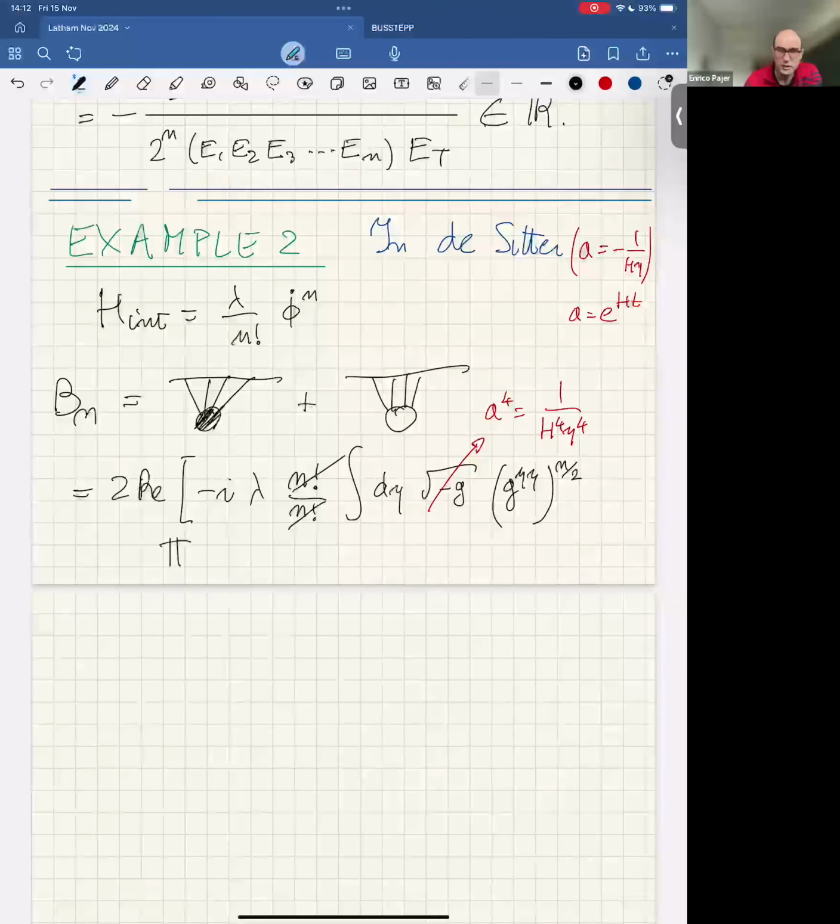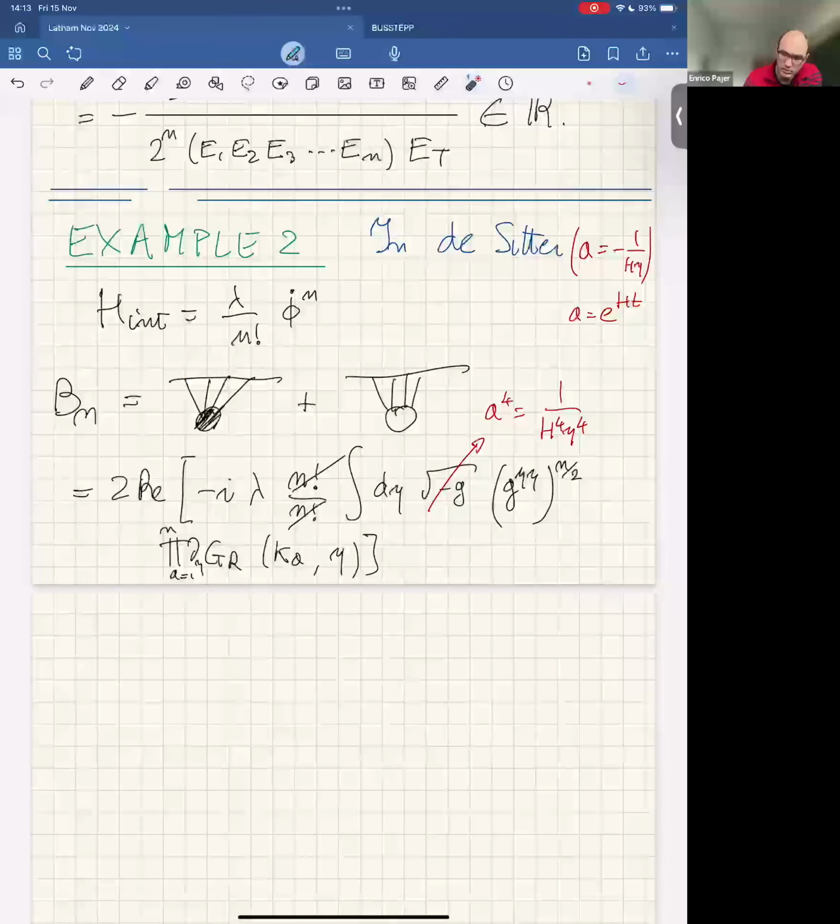And then each one of the external legs should be this bulk to boundary propagator that I define, I call it G. Each one of them depends on the external momentum and on the time that it is integrated over. And each one of them I should take a prime, I should take the derivative of each one of them because I'm looking at a derivative interaction.